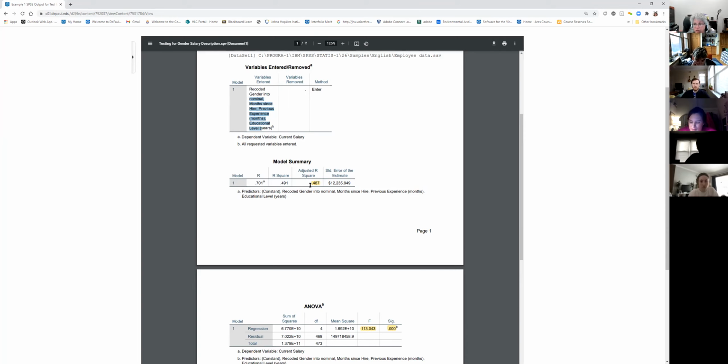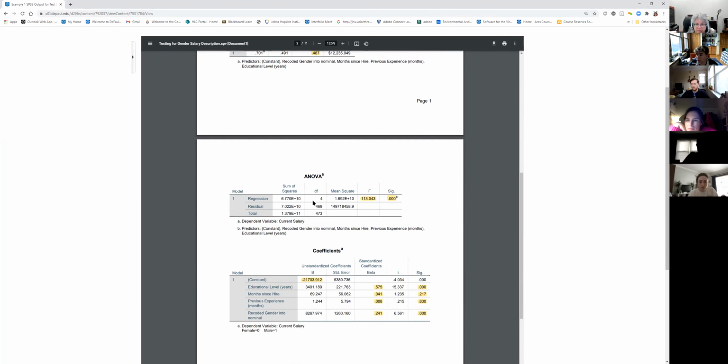I'm going to show you in the next section of the recording, when we get there, how to report that, but it's moderate. The other thing that we're going to look at is what's called analysis of variance. Analysis of variance basically determines, are these variables collectively statistically significant with Y? Is there a statistically significant relationship collectively with Y?